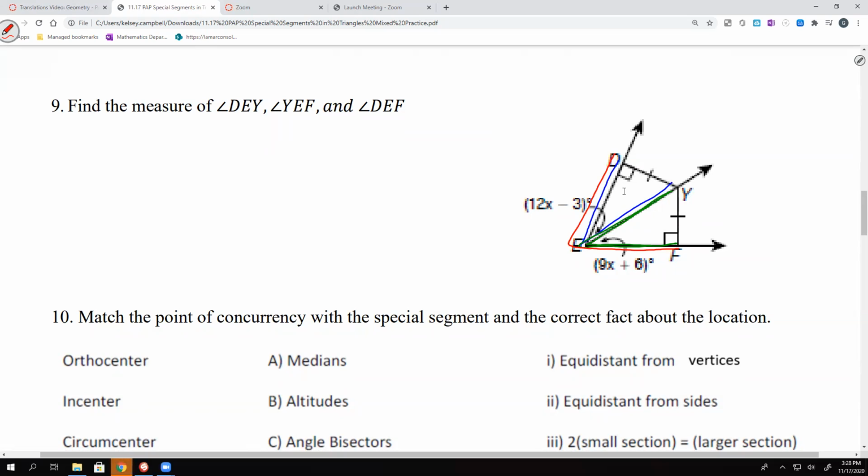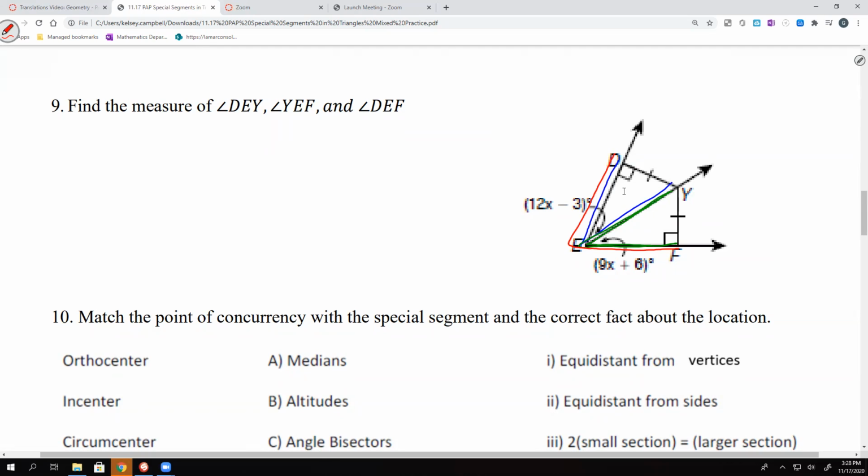And we did do this the Friday before last or whatever. Okay, so what do we know about that 12x minus 3 and the 9x plus 6? Those two angles, in my picture, the blue and the green, they're going to be congruent. Now, how do we know that they're congruent? Because of the right angle and the thick marks.